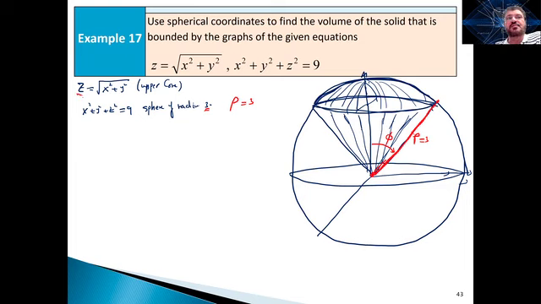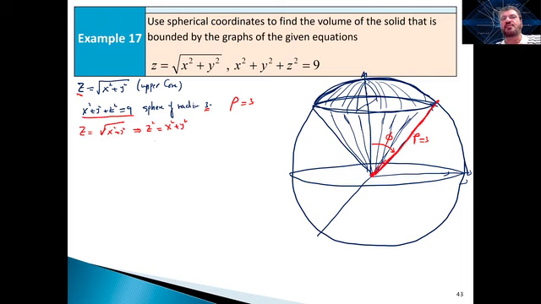Z here is equal to the square root of x squared plus y squared, correct? This is the value of z. And this is the upper part of the cone. All right. Now, also, from this one, we can say that z squared is equal to x squared plus y squared. So this is still the cone. But this cone is going to intersect with the sphere.